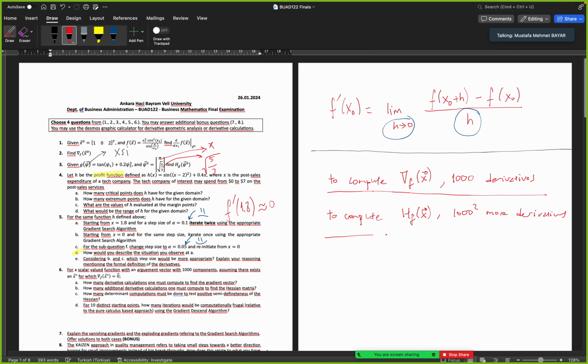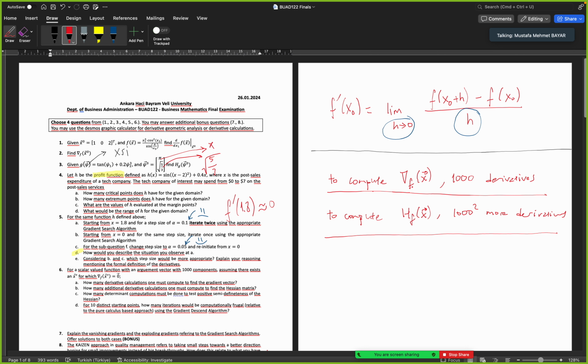And the final part is, if you get a critical point, you should be able to classify it as a local minimum or a local maximum. If the point is a local minimum, then the Hessian should be positive semi-definite.